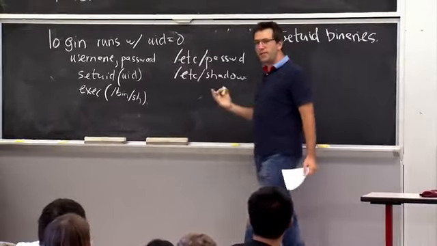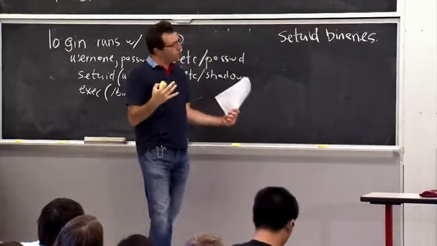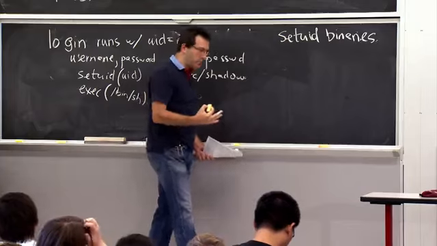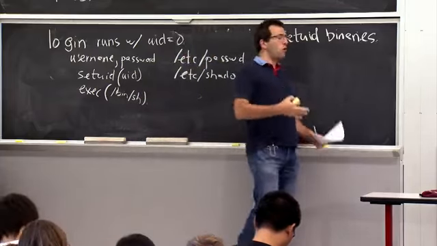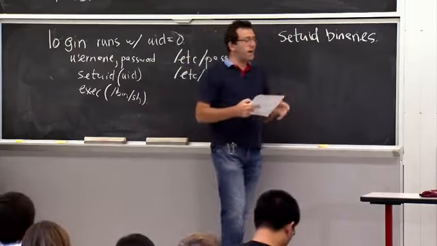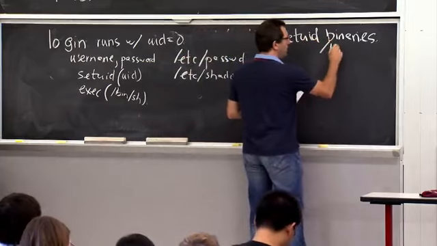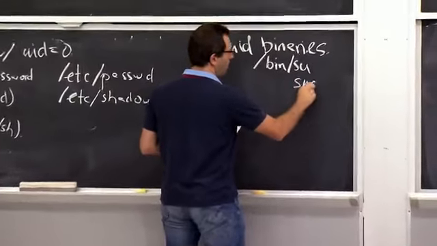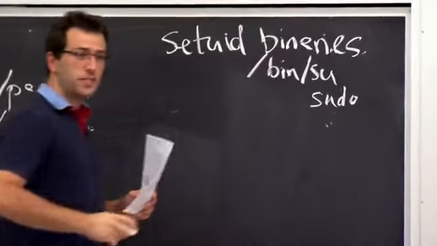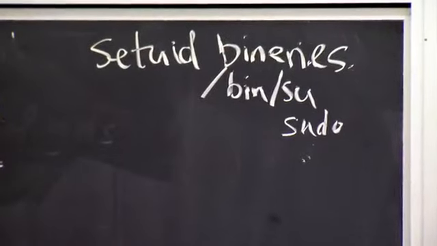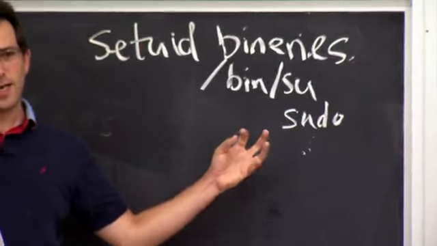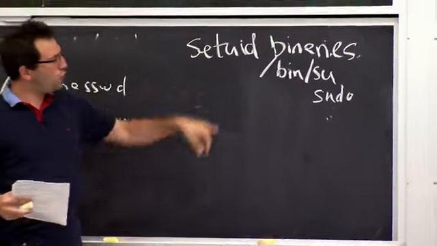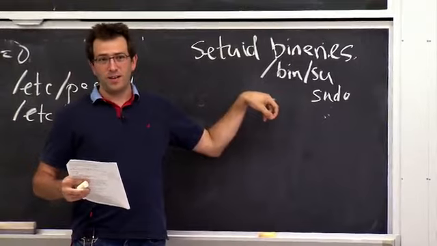So setUID binaries are just regular executables in a Unix file system, except that when you run them, when you call exec on a setUID binary, one example is /bin/su on most machines, or sudo as well. There's a bunch of setUID binaries on a typical Unix system. The difference is that when you execute one of these binaries, it actually switches the user ID of the process to the owner of this binary.